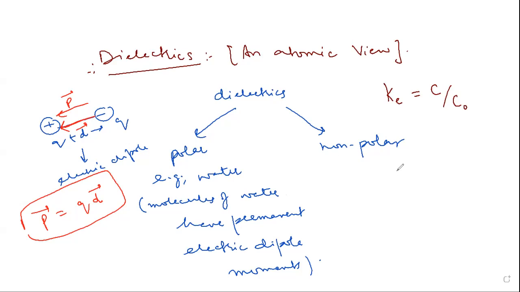When they are outside an electric field, these dipoles are randomly oriented. So this is the situation when there is no external electric field, right?